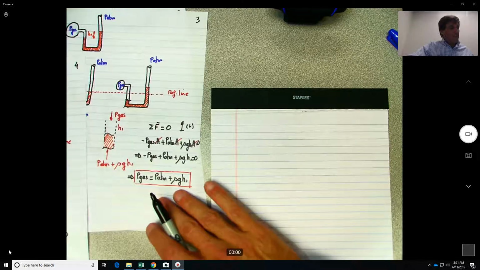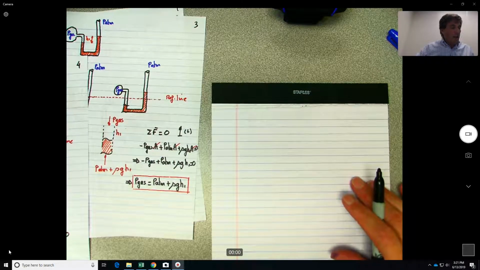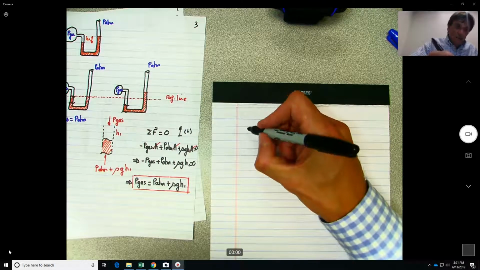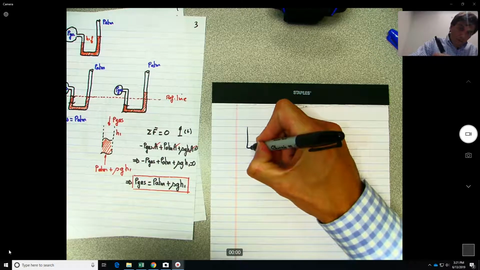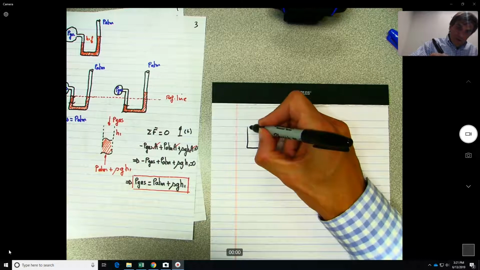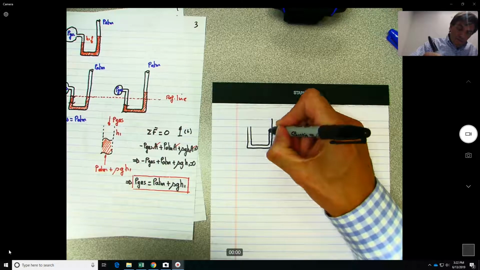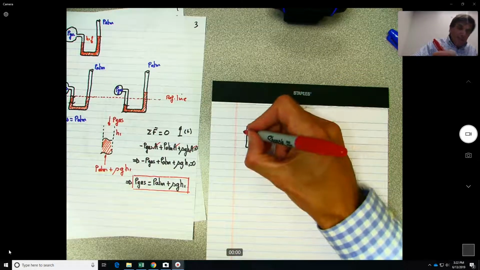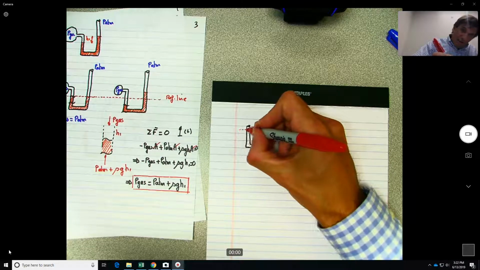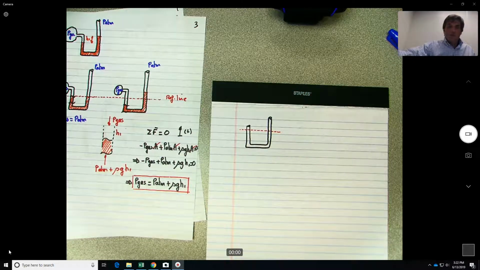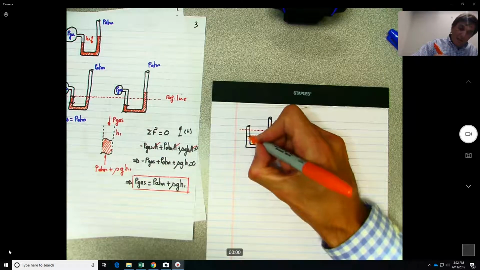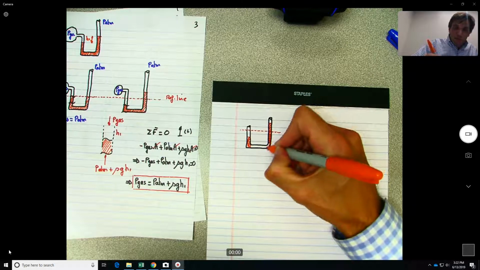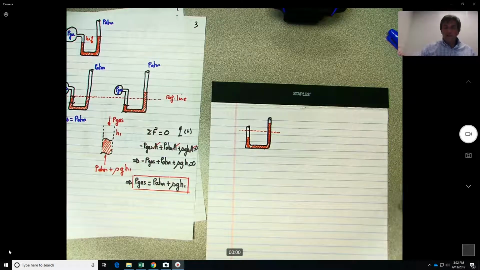So in this case, let's see, the first one, our first case, if this is our reference line, we had that the fluid was under the reference line and was going up the same amount on the other side.